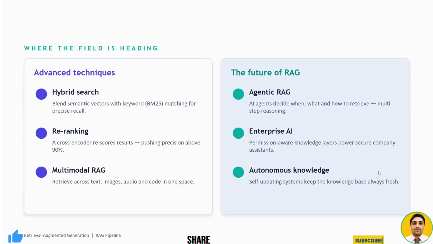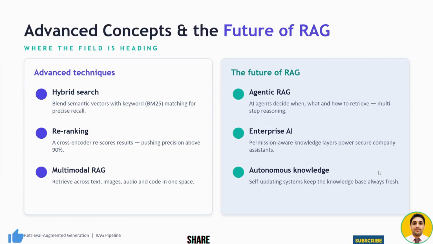Advanced concepts and the future of RAG, where the field is heading. As RAG has matured, several advanced techniques have emerged that push its capabilities even further. The first is hybrid search, which blends semantic vector-based matching with traditional keyword matching techniques such as BM25, allowing systems to achieve more precise recall by capturing both the meaning and the exact keywords in a query.